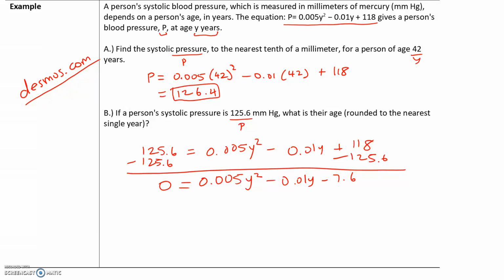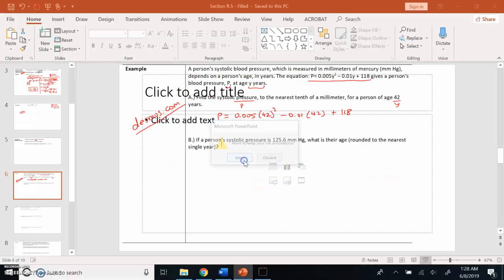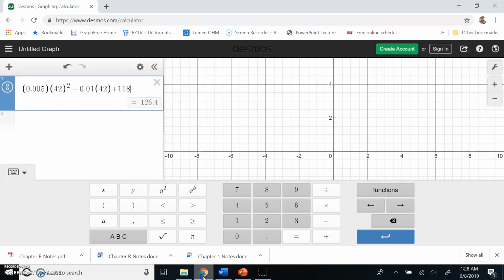So here's what we're going to do. From now on, to solve quadratic equations, instead of using the quadratic formula, we're going to go back to Desmos. So let's go back to Desmos, and we're going to put in our equation. Here's the only thing you have to worry about: we cannot use y as a variable.